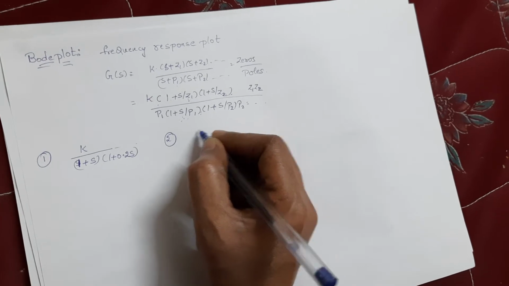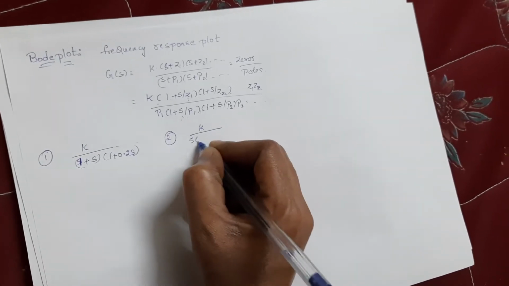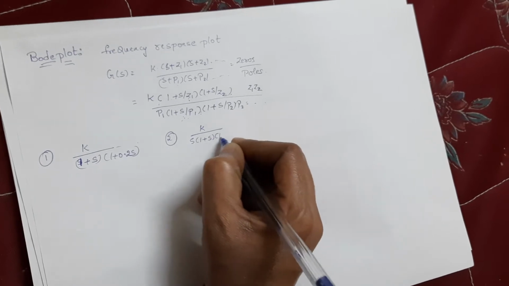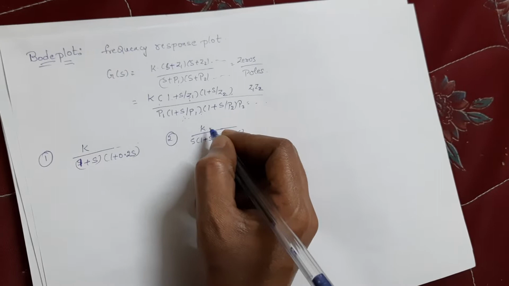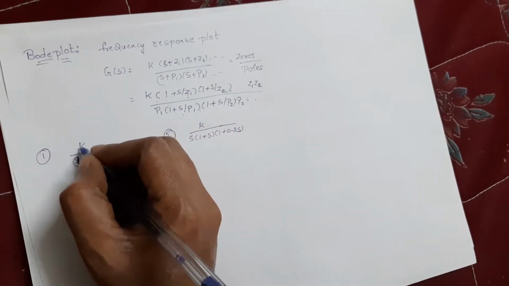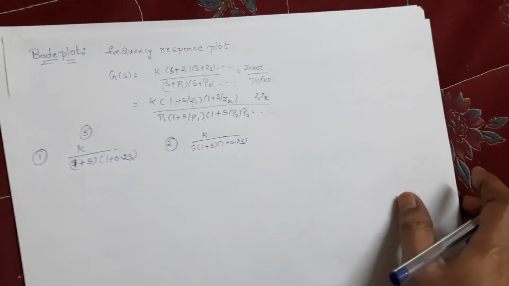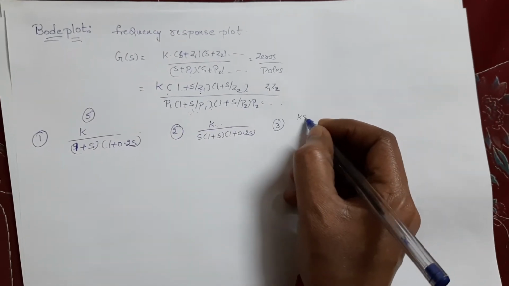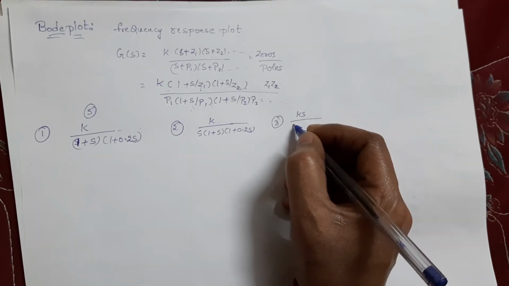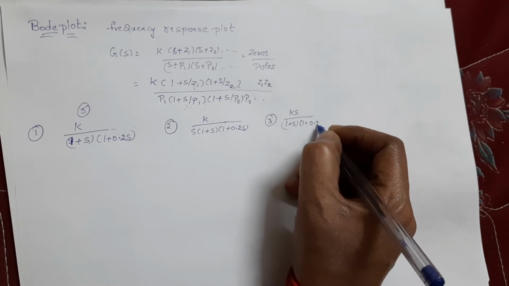The second type of problem is k by s into (1 plus s) into (1 plus 0.2s), where k is a constant; he may give it as, say, 5, some number, that is a constant. The third type of problem is ks by (1 plus s) into (1 plus 0.2s).